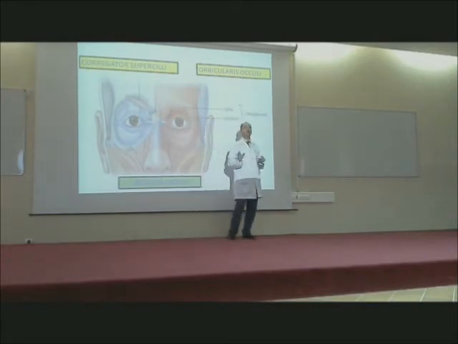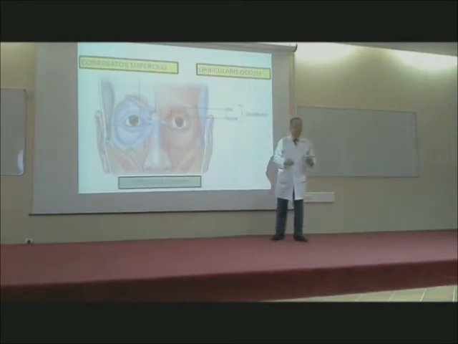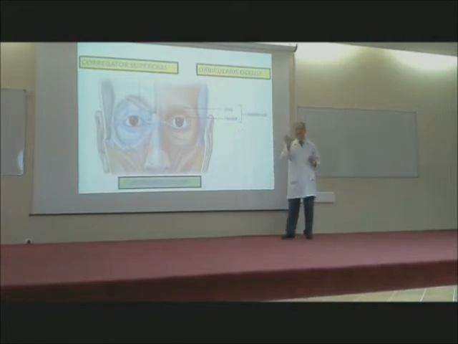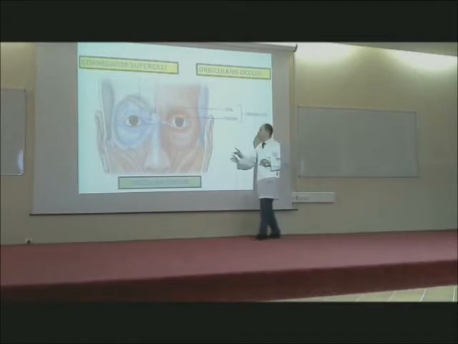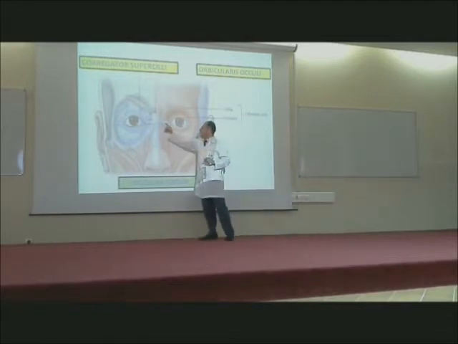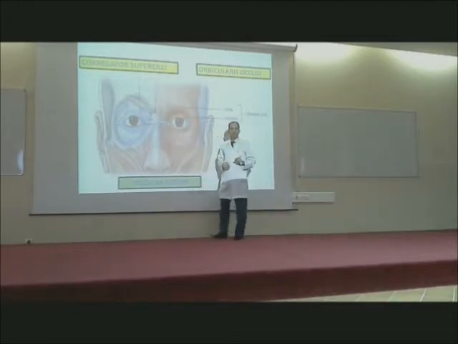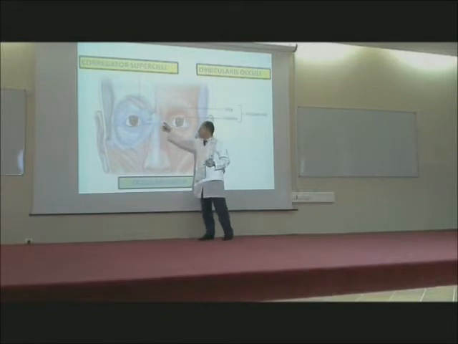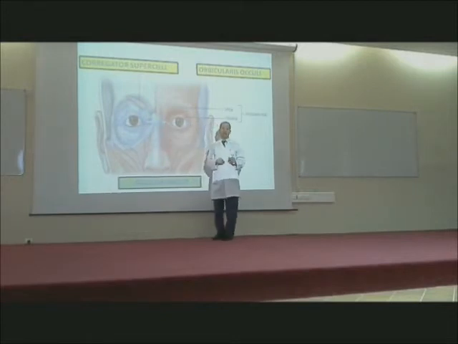It is named the orbital part. Simple. Origin and insertion. We have here a transverse ligament and another one laterally. So they are named the medial and lateral palpebral ligaments.